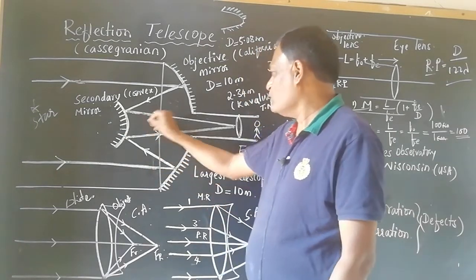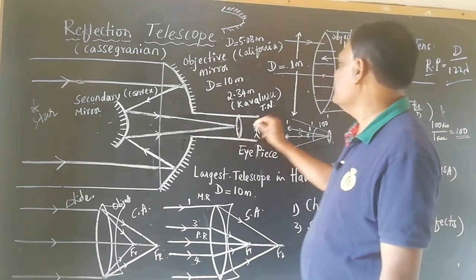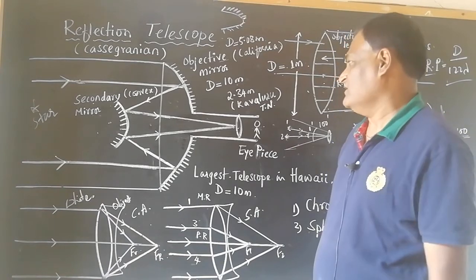Hence the image the observer sees through the eyepiece is much brighter than the image the observer sees in the case of a refraction type telescope.